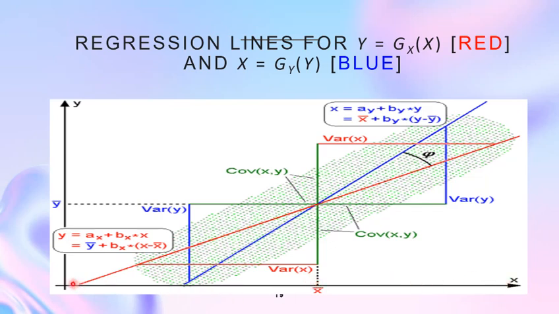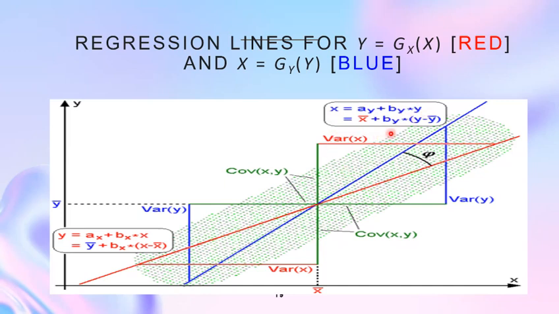This is the x-axis and this is the y-axis. Along the y-axis we can have the value of y bar, and along the x-axis we can have the value of x bar. Wherever the red line coincides with the blue line and a tangent is drawn, we get the exact point where we can find the value of x.